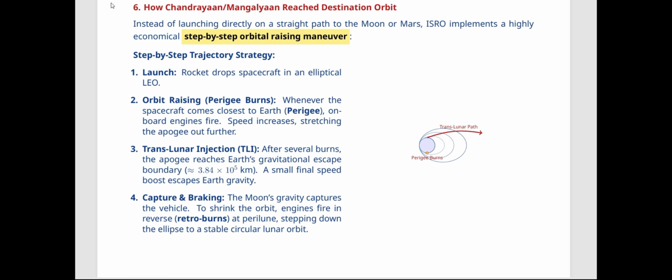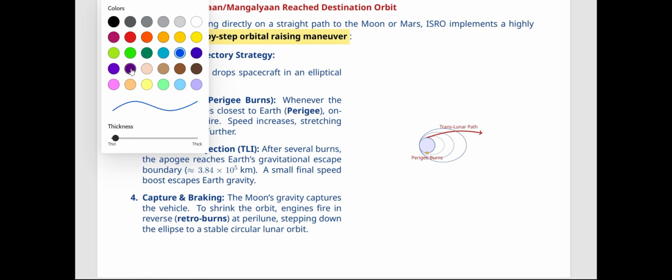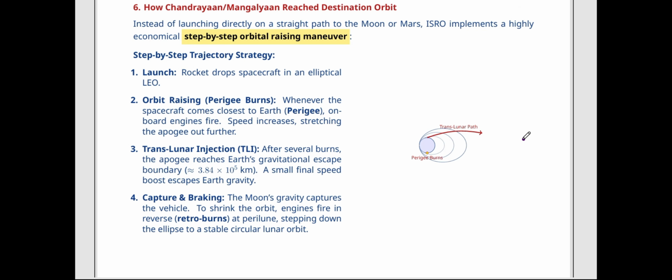Just assume here, when the elliptical orbit passes the escape velocity point, our satellite will enter the Moon's orbit like this.